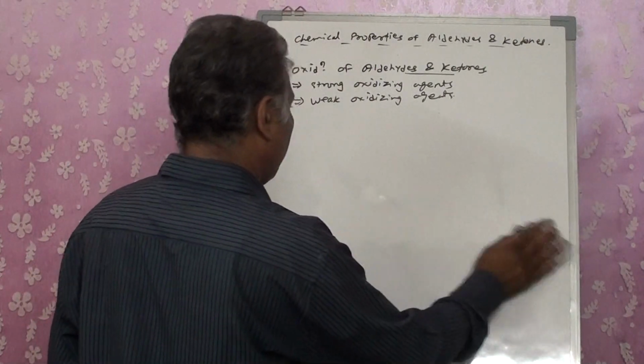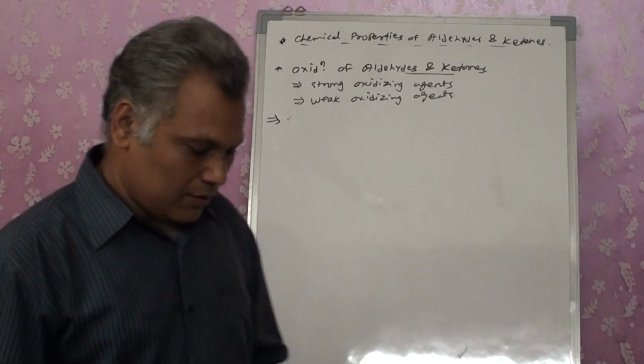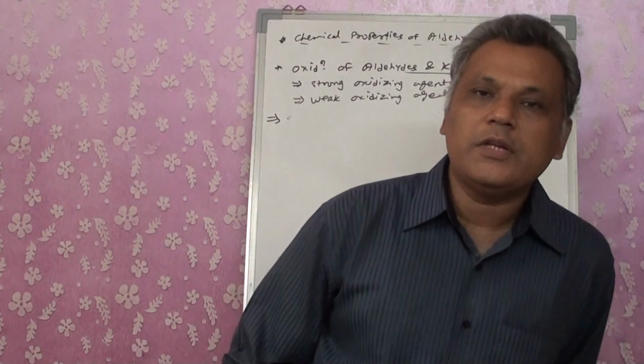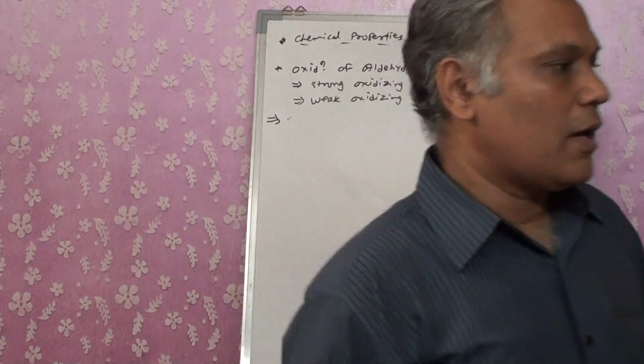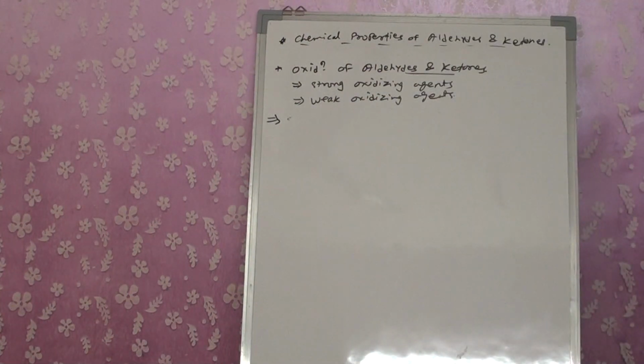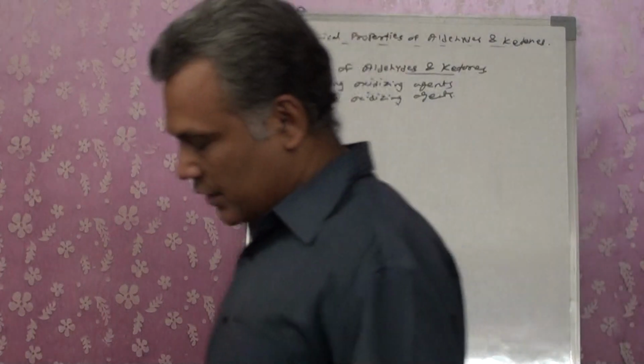In place of that, if we are using weak oxidizing agents, there are a number of such weak oxidizing agents. But out of that, we are not going to study all of them. We are going to study specifically only 2 such weak oxidizing agents.